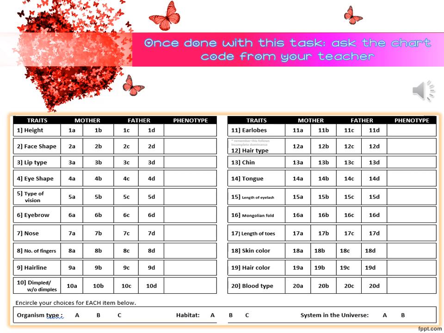A, B, C. The habitat is A, B, C. The system in the universe is A, B. So again, look for the code of what organism is A, if you have chosen A, or B, if you have chosen B, as well as the rest of the items and the systems in the universe. Now, once you are done with the codes, it's now time to do the illustration.